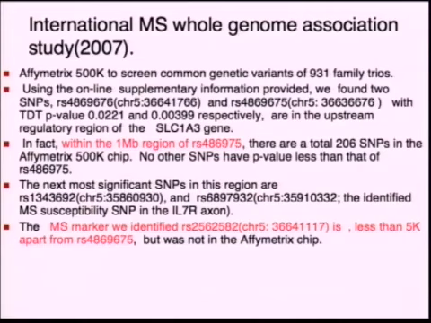Because we went back and looked at the data provided by this New England Journal paper, and we find that there's a score. We compared the SNPs near IL7R in that region, and we find that there's a marker near our gene region which has a score even better than IL7R.